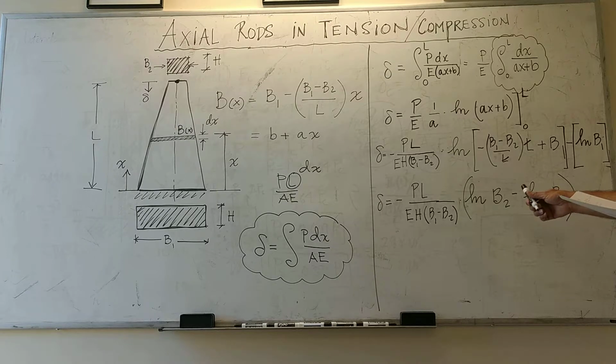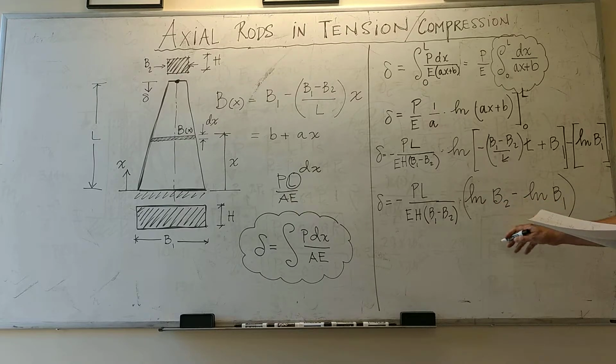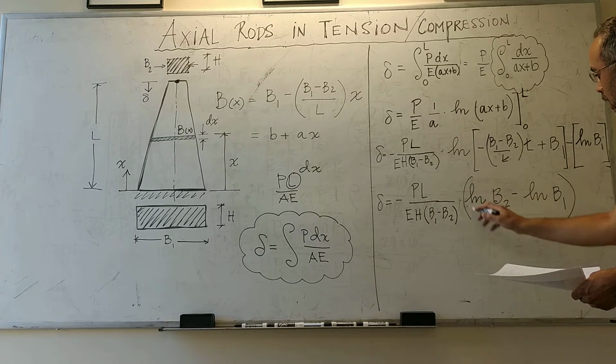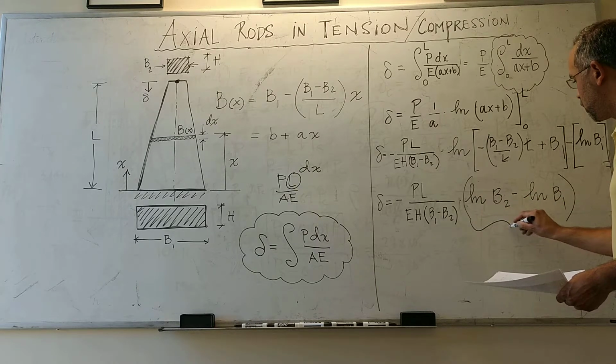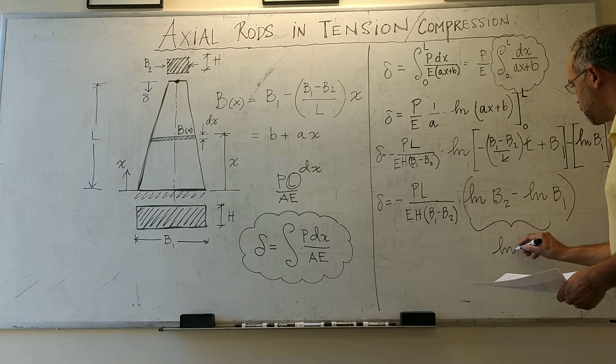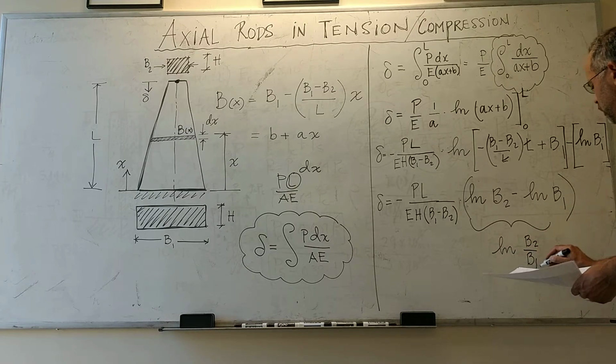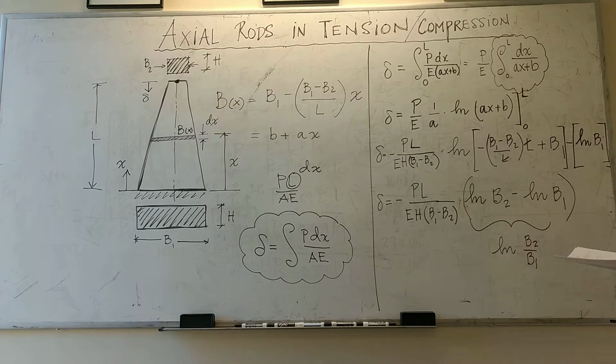Now, if we remember from logarithmic identities, this is the log of b2 divided by b1. And we can continue to modify the equation to look a little more consistent. So I'm going to substitute this by its mathematical identity, log of b2 divided by b1, by the law of logarithms.